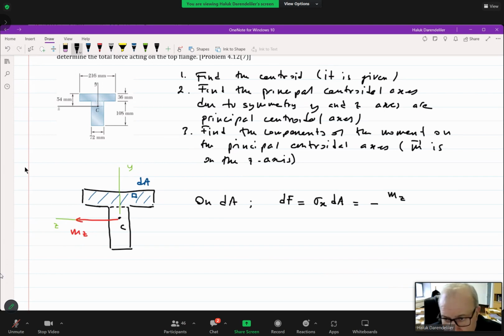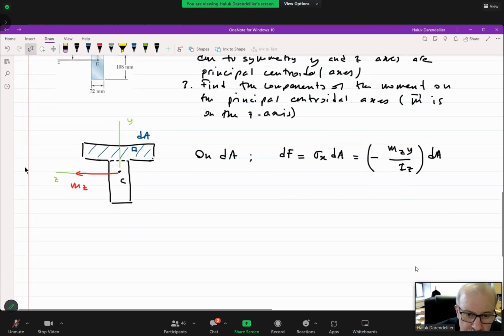Now remember our equation that we already obtained, times dA. Clear? Okay, this is the force acting on that infinitesimal area. I am looking for the total force. What is total force? Total force is F.